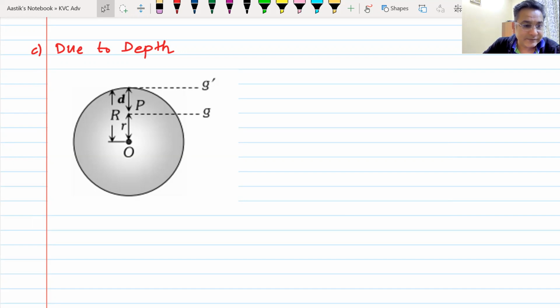Any idea? No idea, right? What would be the value of g inside the surface of Earth?